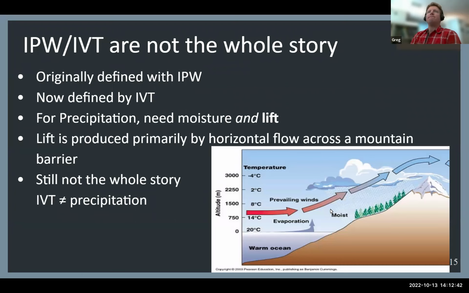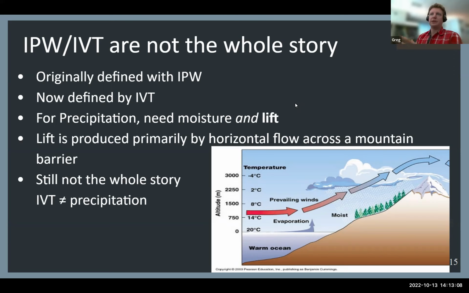All right. So although we use integrated precipitable water and integrated vapor transport to diagnose and identify atmospheric rivers, they're not the whole story as far as the impacts. It used to be that people used IPW. Now people use IVT a lot more. That's the standard these days.